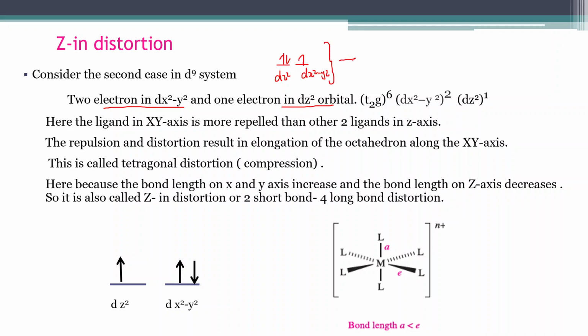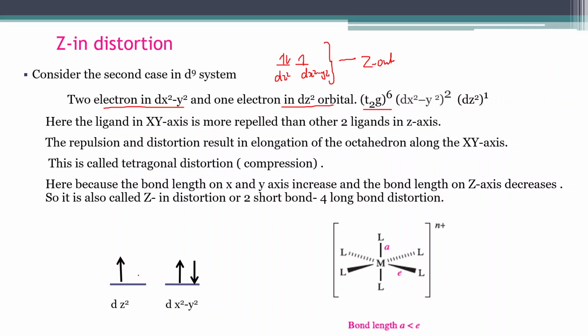This was what happened in Z out distortion. The inverse is happening in Z in distortion. The arrangement is T2G6, dx square minus y square having 2 electrons, and dz square having 1 electron.